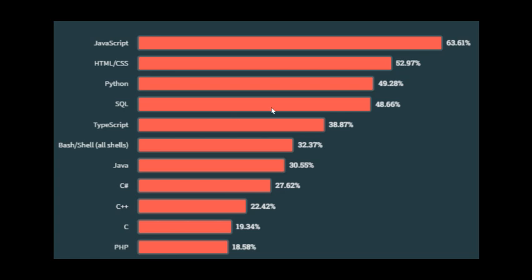This is the popularity of JavaScript. JavaScript is used by 63.61% of programmers. Apart from using JavaScript for our web pages and development, we can also use it for solving problems for our DSA. You can also use it there.